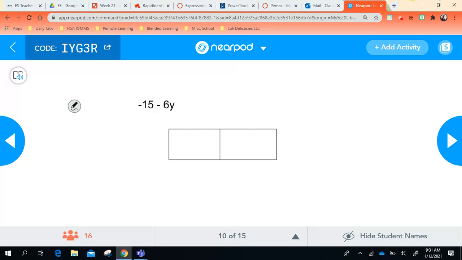For factoring, and in your notebook, you're going to label it factoring so that you can see the difference between distribution and factoring. Now we're going to start our problem like this, and we are going to end it with a problem that looks like a distributing problem. So make sure this is in your notebook before I begin showing you how to do it.